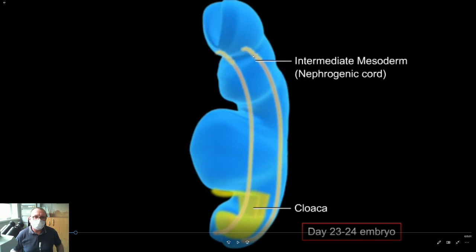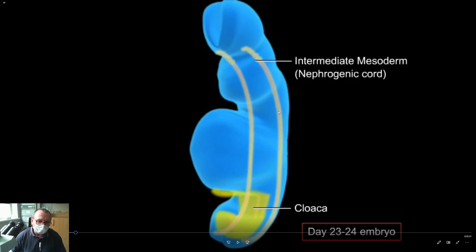These segments are called nephrotomes, but they develop really only in the cervical region. The thoracic, lumbar and sacral parts of the nephrogenic cord remain unsegmented and can be called nephrogenic blastema. So the nephrogenic cord is dividing into segmented nephrotomes cranially and a much longer nephrogenic blastema in the remaining length of them.